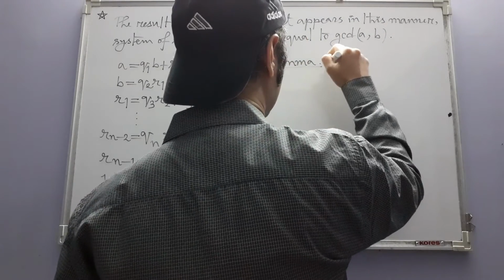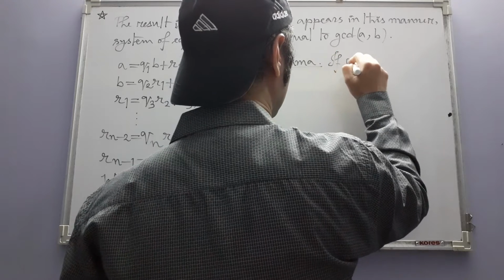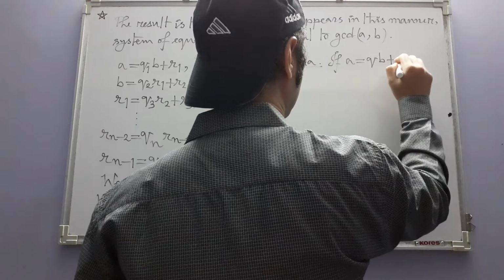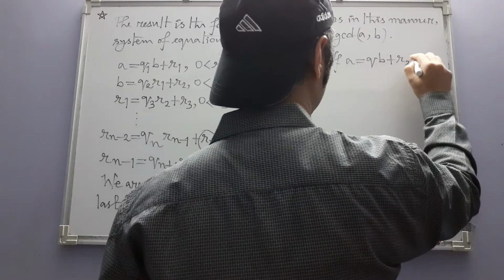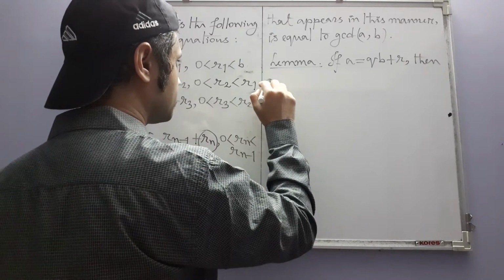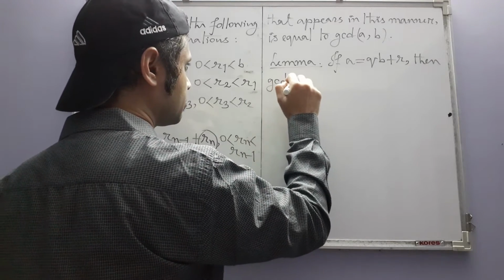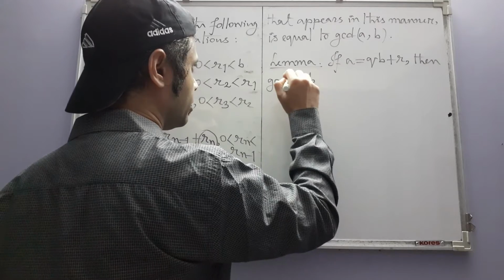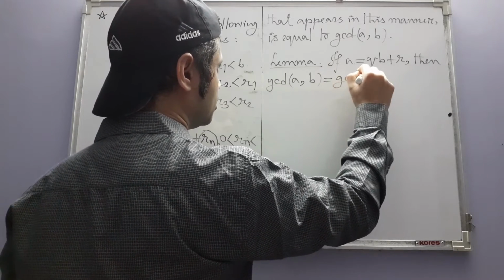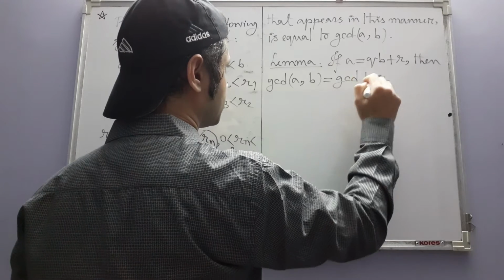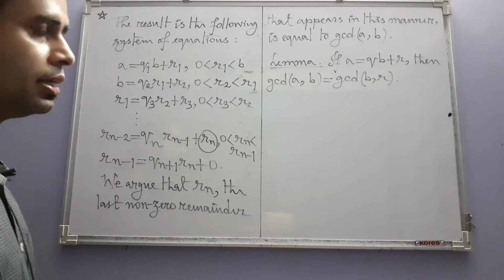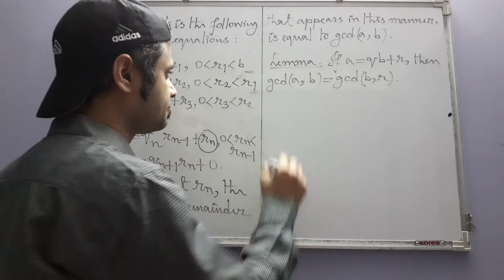If A is equal to QB plus R, then the GCD of A and B is equal to the GCD of B and R. We need to prove this lemma first.